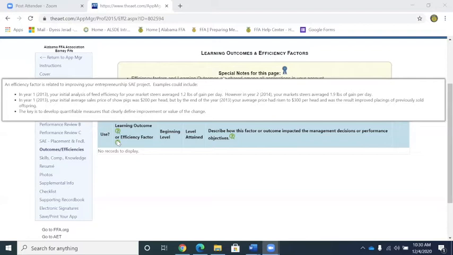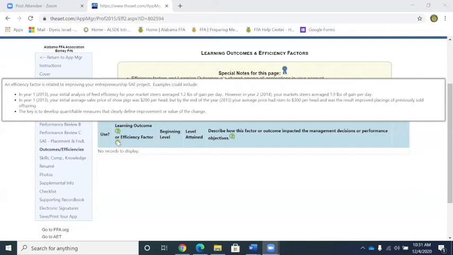So you've got to have a measurable factor again, but for an entrepreneurship, it's going to be average daily gain or how many pounds they gained in a year or sale price, things like that. So if you're doing a placement application, try to stick with learning outcomes because that's a lot of what you're going to be dealing with in this.